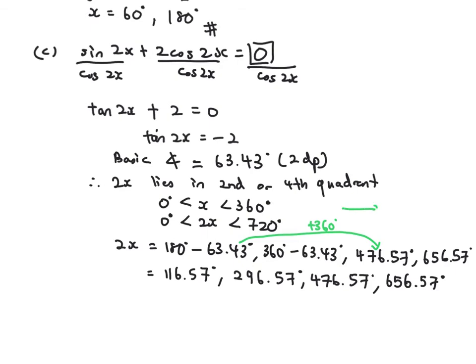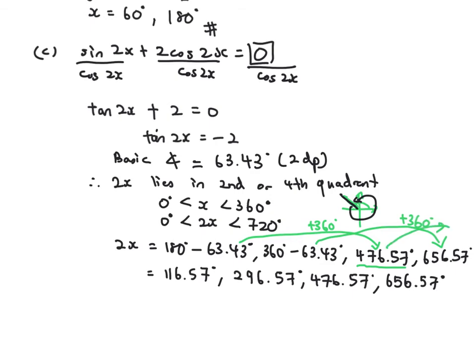Because if you have an angle in the second quadrant and you add 360, you're coming back to the same line, which generates the next solution. You do that to the second angle as well, adding another 360. Then after that, you take 476.57 and add another 360.